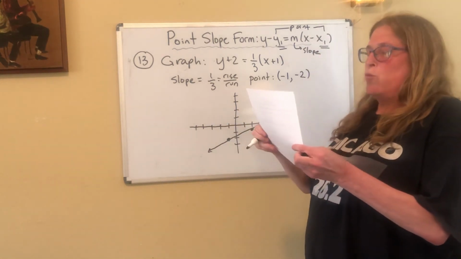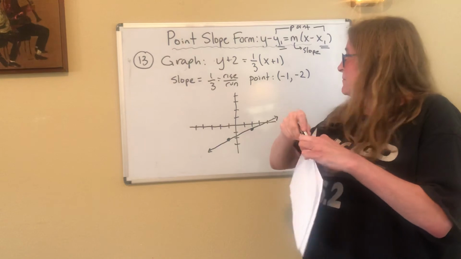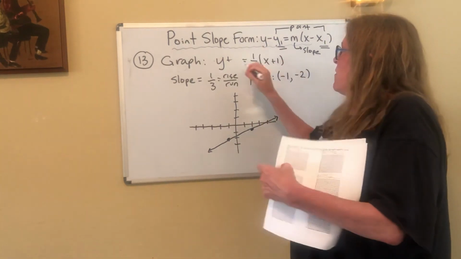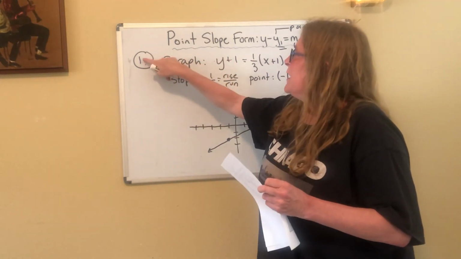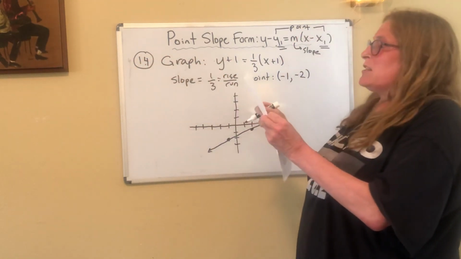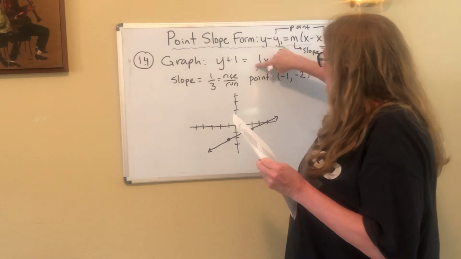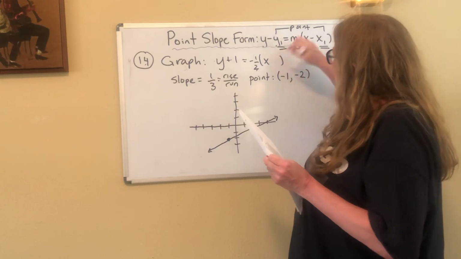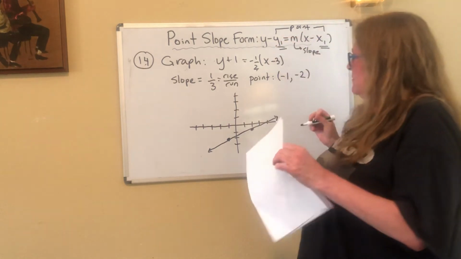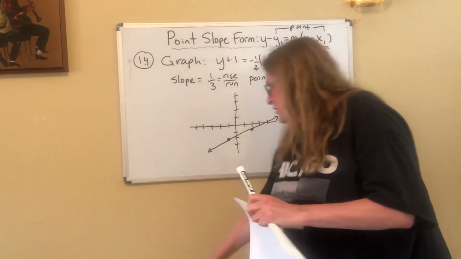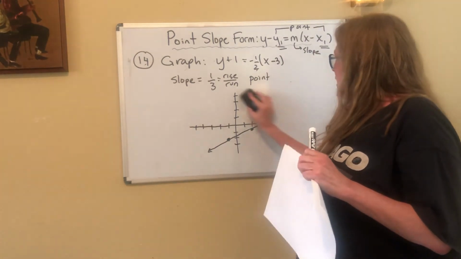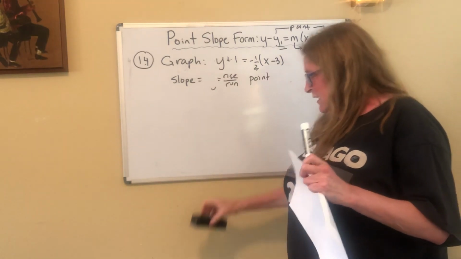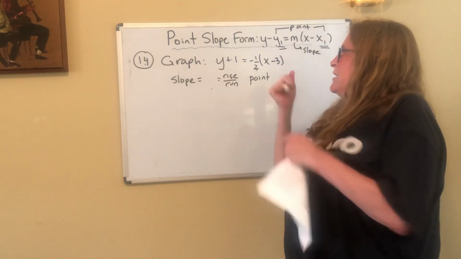Okay guys, let's try one more, and then I think that'll be it. What if I want to graph y plus 1, this is number 14 by the way, y plus 1, and then my slope in this one is -1/2, and I've got x minus 3. So in this case, what's our slope? Well, our slope here is the number in front of the parentheses, so it's -1/2.